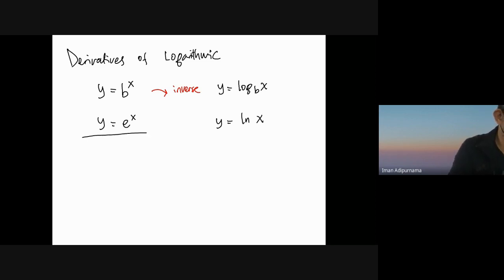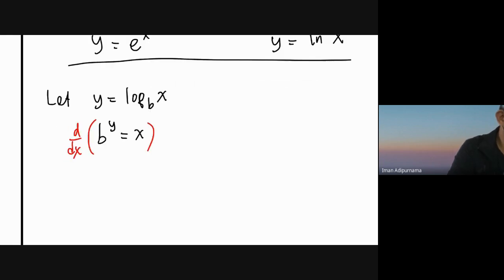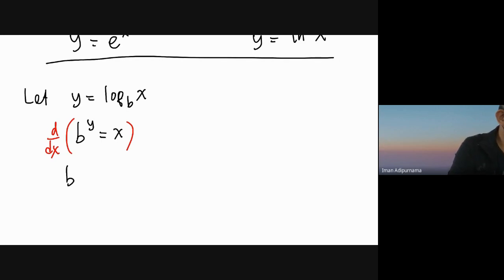Okay, let's start: let y equal log base b of x. And then from this log, we can write down b with power of y is x. Okay? And because we already learned implicit differentiation, let's try the implicit formula here. This becomes ln b, but we still write dy over dx because of y here.